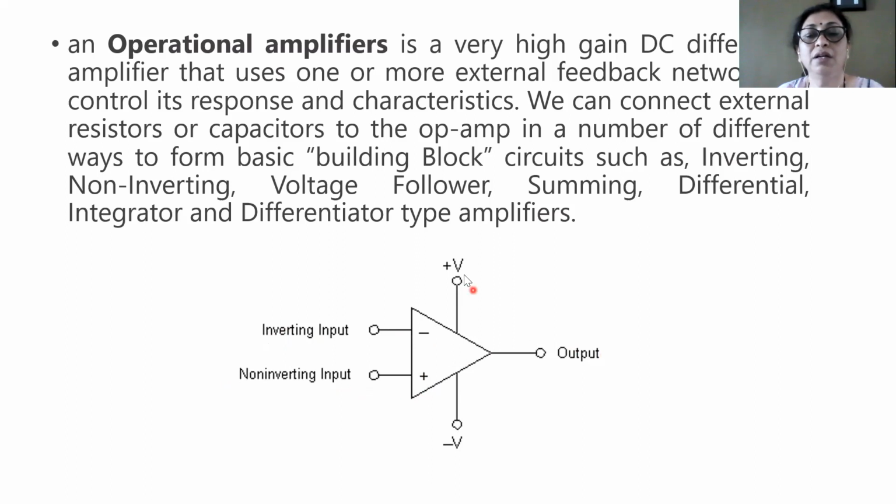It has a single output, and in order to make it work, you have to apply an external power supply, which is bipolar in nature. That means suppose it requires a 15 volt power supply, then your power supply must be bipolar, that is plus minus 15 volt, plus minus 12 volt, plus minus 10 volt, plus minus 9 volt, like that. So a bipolar power supply is used to power the operational amplifier.